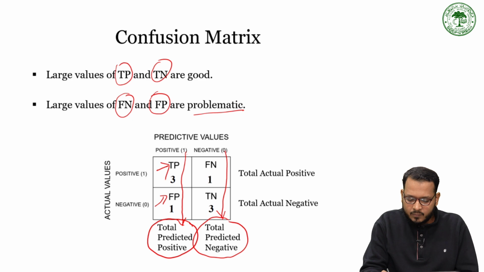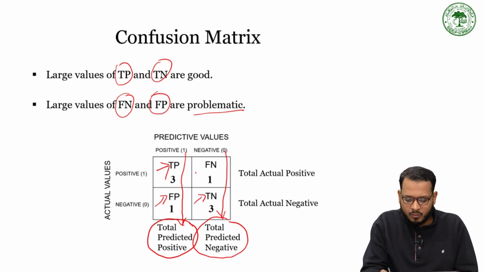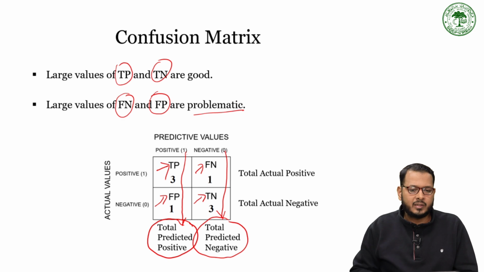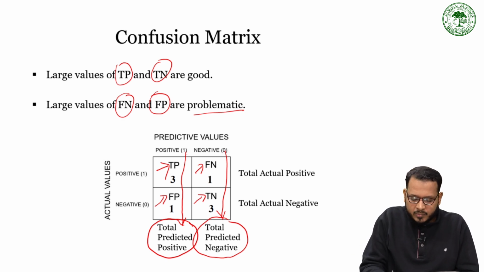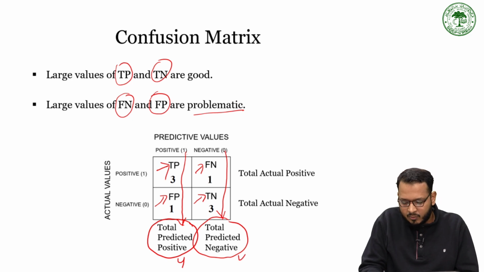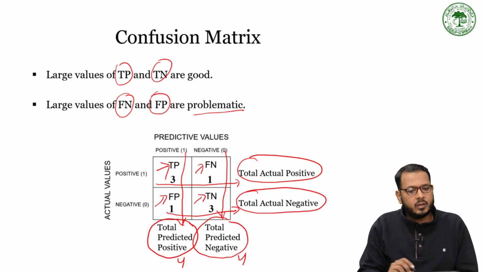So we have rightly predicted negative and they are wrong, but the total predicted, you can calculate it like this. In both the cases, total predicted positive are 4 and total predicted negative are also 4, adding both the cells. Similarly, this row here tells us total actual positive, and this row here tells us total actual negative.